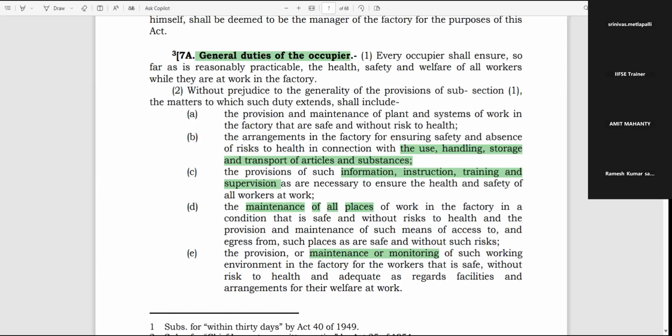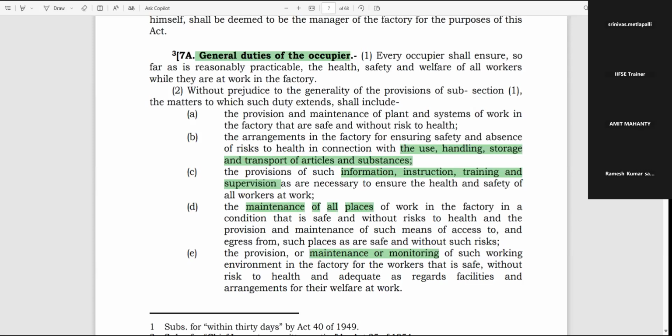So, the specific duties: the provision and maintenance of plant and systems of work in the factory that are safe and without risk to health. So, the activities which they are performing or the premises which are allotted for the workers to continue their work, those should be safe as well, and should not give any health risk to the people working under them.